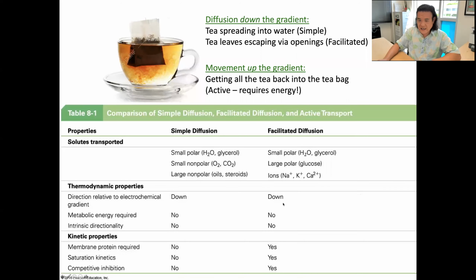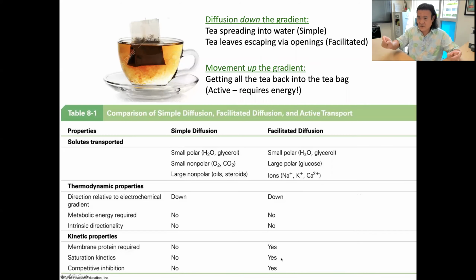Okay? Again, thermodynamically, it's still being driven just by the concentration gradient, right? This is still diffusion. And likewise, no energy is required, and there's no intrinsic directionality to this. Kinetic properties, there needs to be some sort of membrane protein involved in order to facilitate the movement of these particles through. Can you reach saturation? Yes, right?